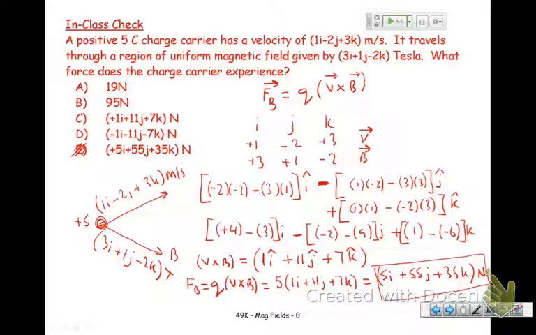The people with C were focusing so much on the cross product they forgot about the Q. So if you put down C, will you look at your working now, and I want you to answer for yourself: did you write that equation down? Because I think what happens is people, in their mind, say, oh, this is a cross product. And they start doing the cross product, and they get the answer.